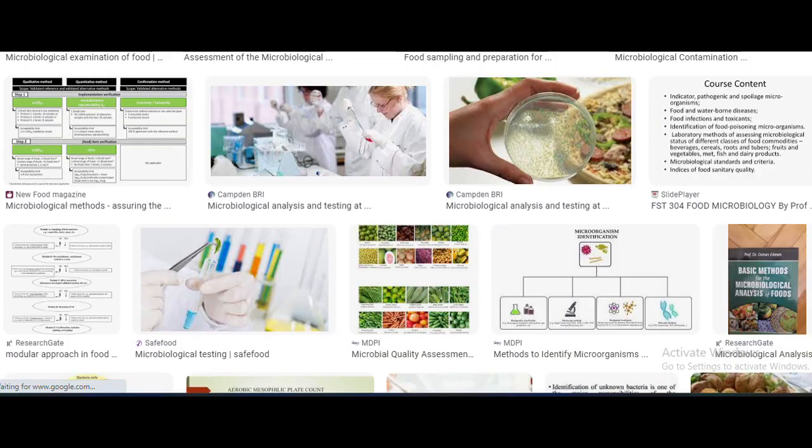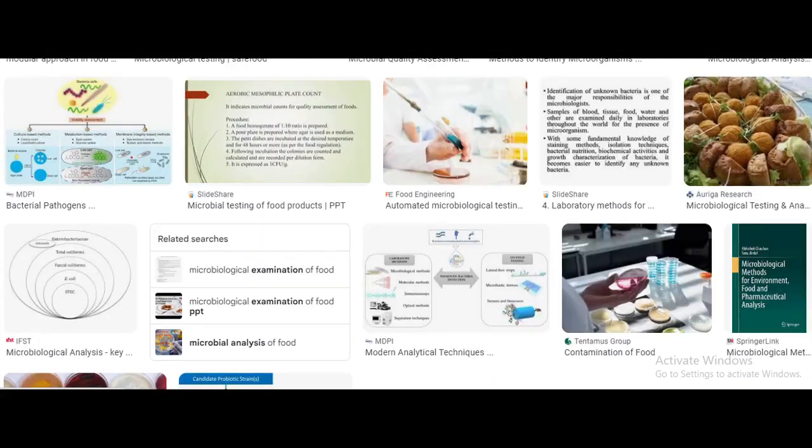We say microbiological status because the contaminant or the spoilage organism in the food can be bacteria, it can be fungi, it can be algae, it can be a protozoan, and it can also be a virus, and it can also be a nematode. All these are microorganisms.